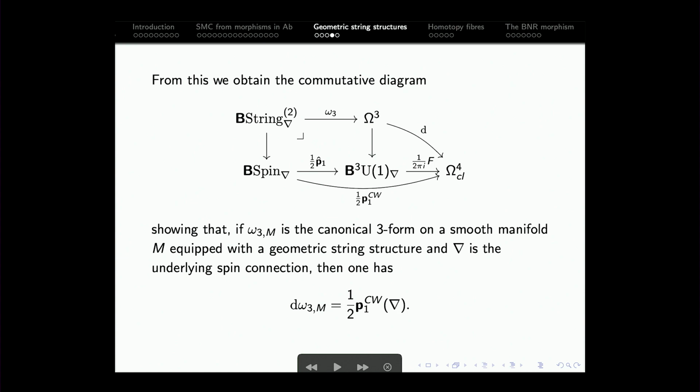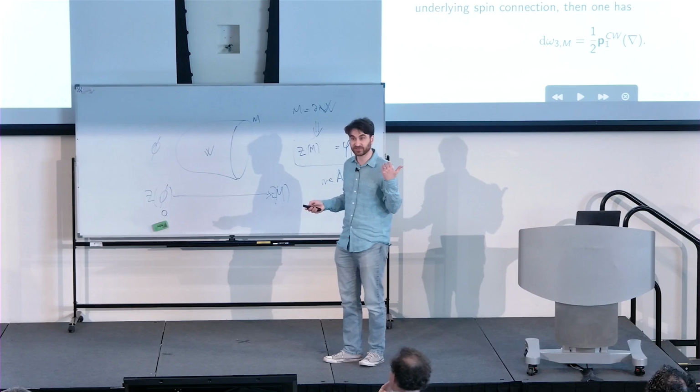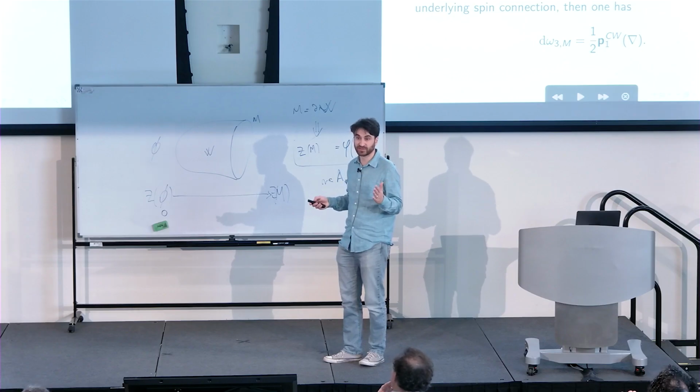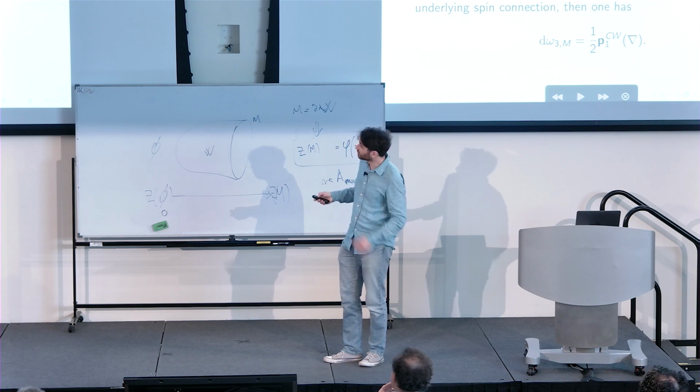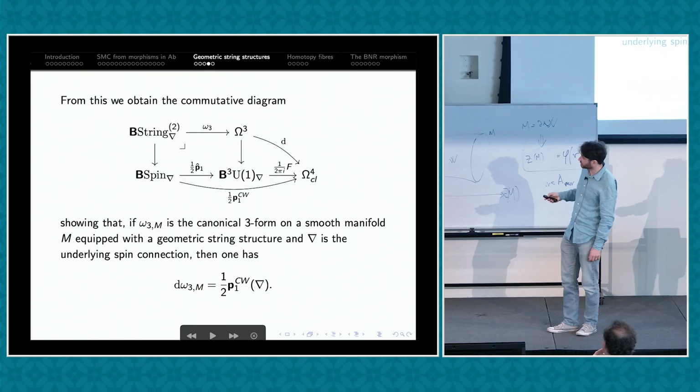And this is the crucial equation that will make the difference between those 2 integrals to be an integer. Because on the 3-manifold, we are integrating omega 3. On the 4-manifold, we are integrating this part here, and these 2 are related by this equation.